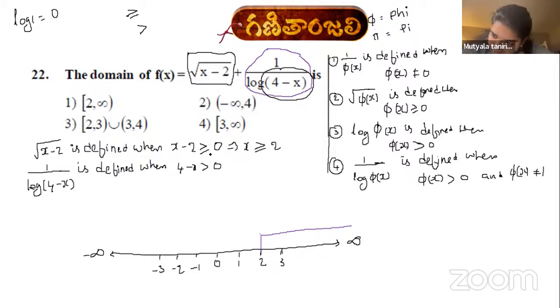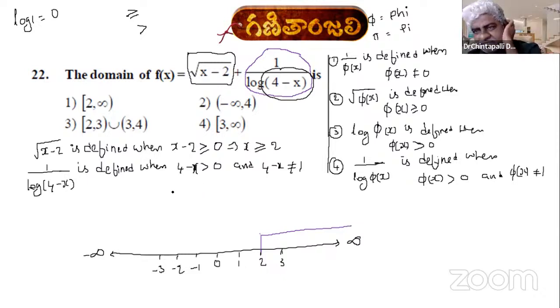Not greater than or equal to, just greater than 0. And 4 minus x is not equal to 1. 4 minus x greater than 0 is possible where? x must be less than 4. Then only it is possible. That means x must be less than 4.